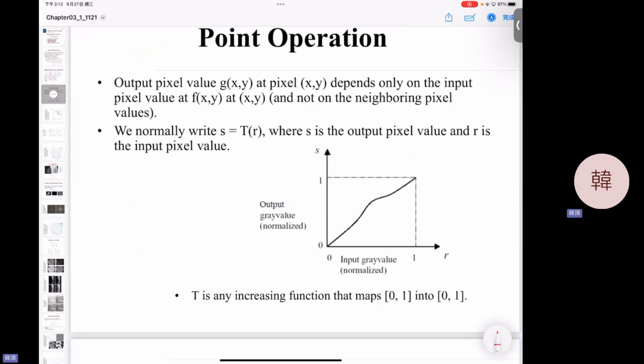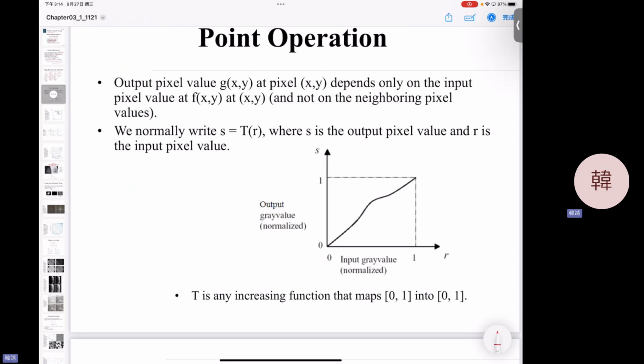So the first category is point operation. You have your original distribution from 0 to R grade level. Sometimes we try to represent it from 0 to 1. Actually in a real image it is 0 to 255, and the same for S, the output grade level; you can normalize to 0 to 1.